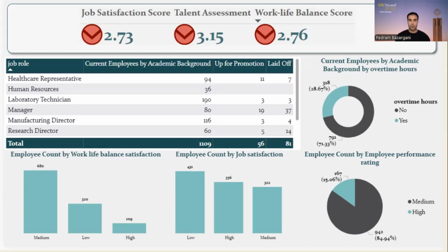To the left, we can see employee count by job satisfaction, with a majority of employees having low job satisfaction, which is a red flag we'd like to address. And additionally, to the left of that, we have employee count by work-life balance satisfaction, with medium and low leading the metrics. So we would like to dive a little bit deeper, with Mihika taking on the next slide.